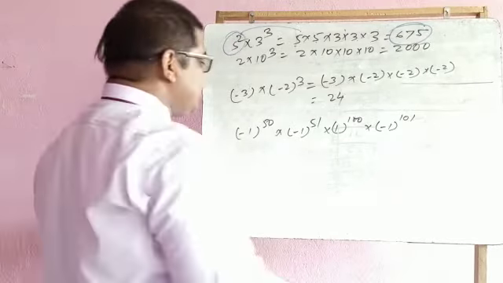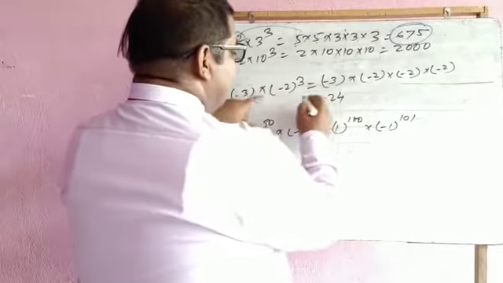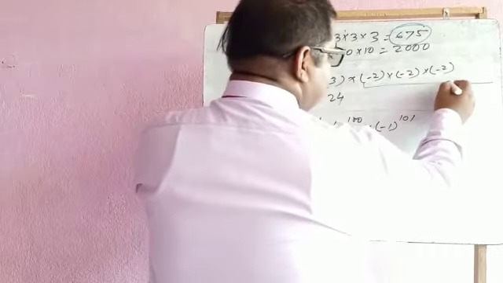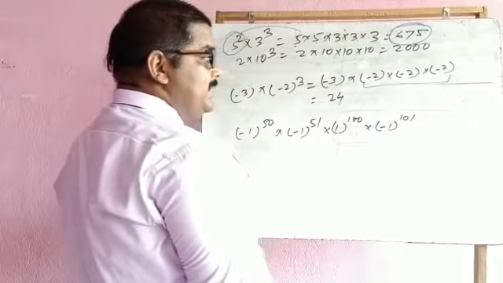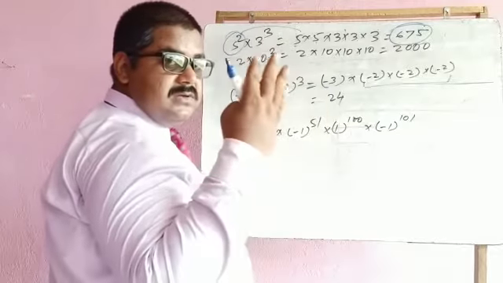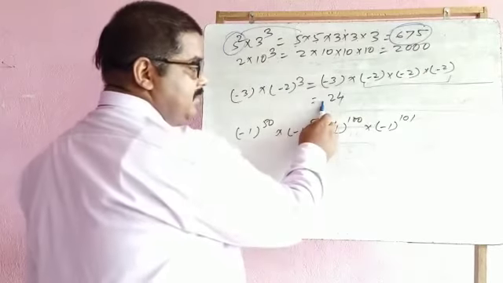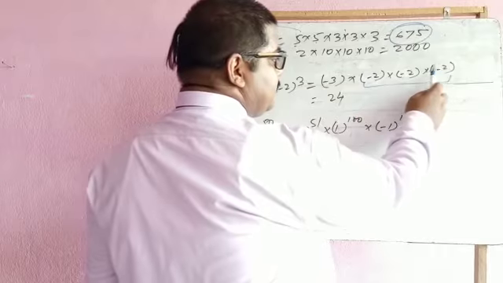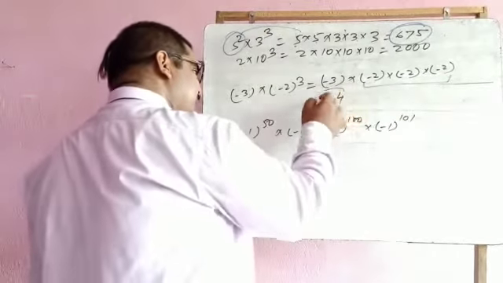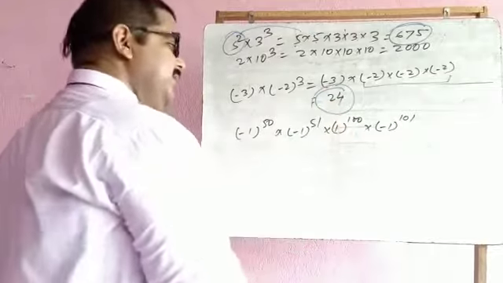You can just see that minus 3 and minus 2 cube means 3 times you have to write down, and the negative sign appears 4 times. So the result is positive. And if you multiply 2 times 4 is 8, times 3 is 24. The final result is 24.